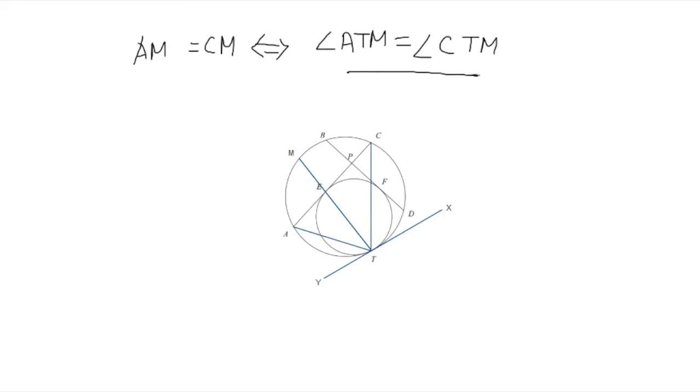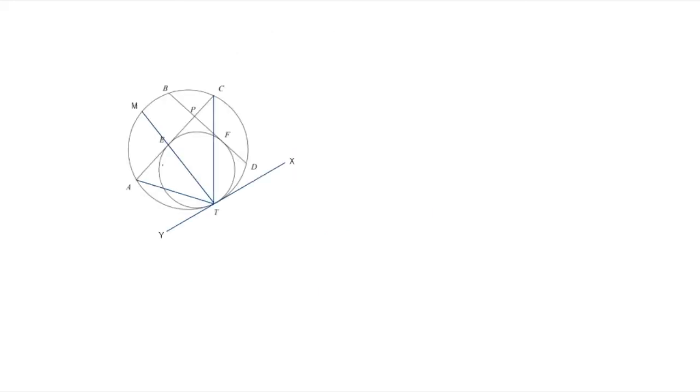So we have XY, which is tangent at the point T, and we have chord AT.